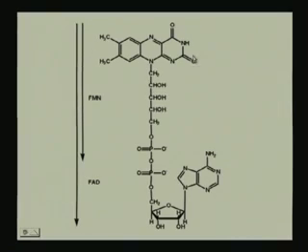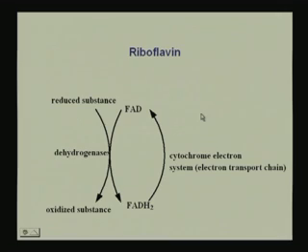But basically what is going to happen is this ring is going to do what? Take up the hydrogens. How is it going to do that? We have a reduced substance, we have FAD. We have a dehydrogenase that takes the H2 from the reduced substance, and it is taken up by the FAD, similar to NAD plus going to NADH. Okay.